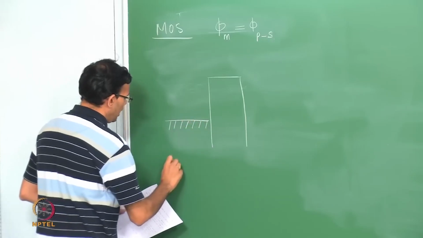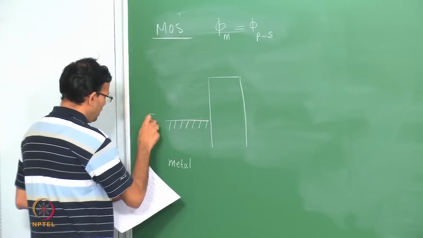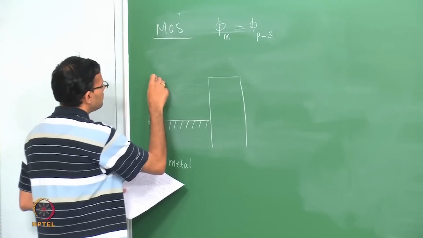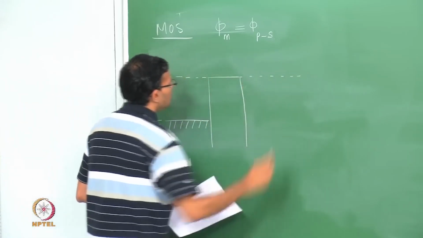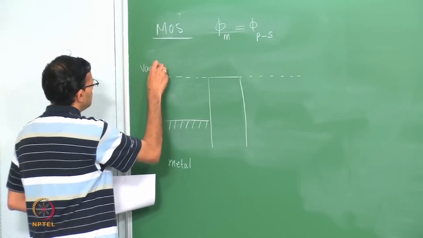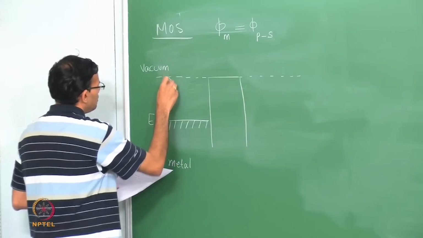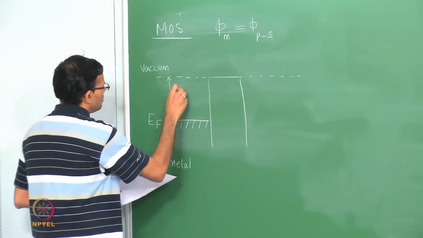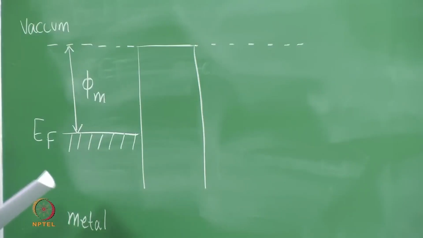So, on the left I have my metal which has a Fermi level of EF. The dotted line represents my vacuum level. So, that phi m is the work function of the metal.